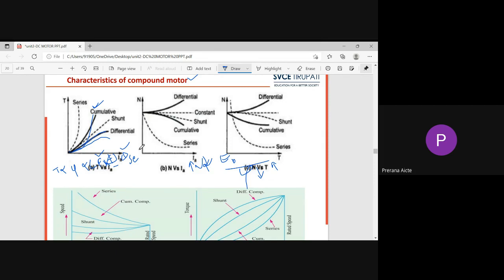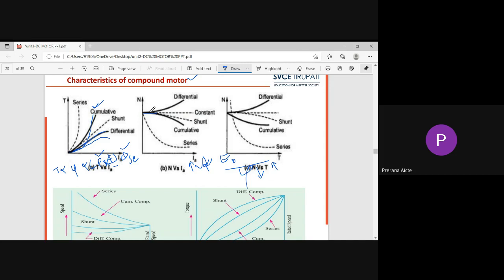Speed versus armature current characteristics, very easy. These characteristics start from rated speed because there is a shunt field winding. Under no load condition, the series field carries very little current, so the motor acts as a shunt motor. When load increases, load current flows through the series field winding, so series field flux increases.